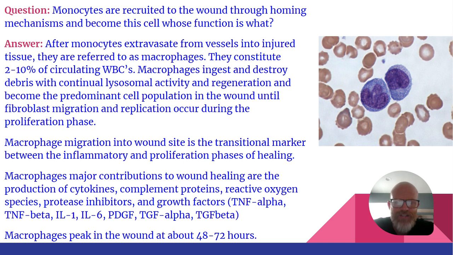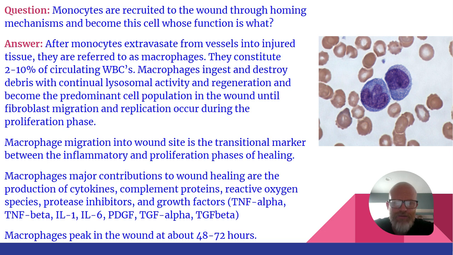So again, the four phases of wound healing, we have hemostasis, inflammatory phase, which is going to be mostly your macrophages, proliferative phase, which is going to be mostly your fibroblasts, and then remodeling. Macrophage migration into the wound site is the transitional marker between inflammatory and proliferative phases.